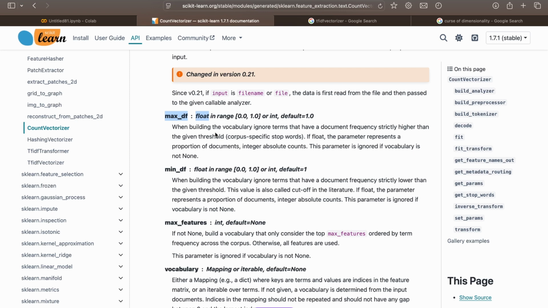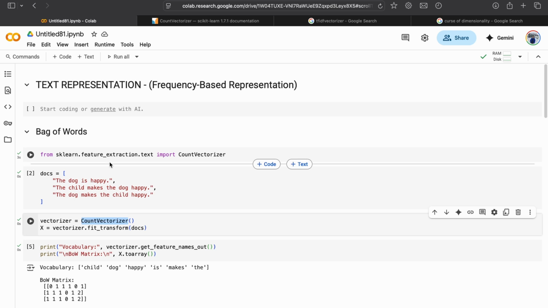If the frequency is higher than the given max_df parameter, then it will be ignored. If it is an integer, then the count will be used. If it is a float, a decimal number, then the percentage will be used. So if float, the parameter represents a proportion of documents, integer means absolute counts. So let's look into this with an example.